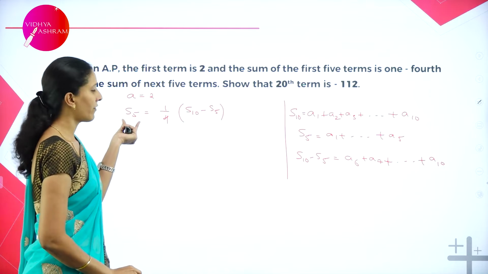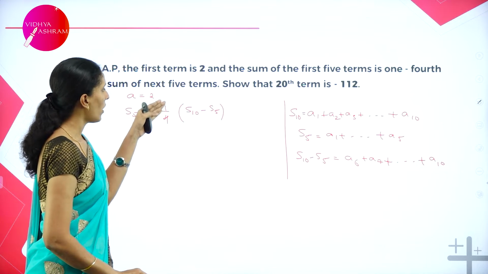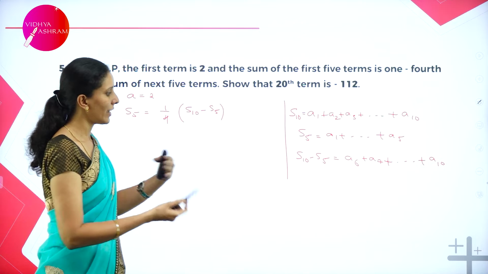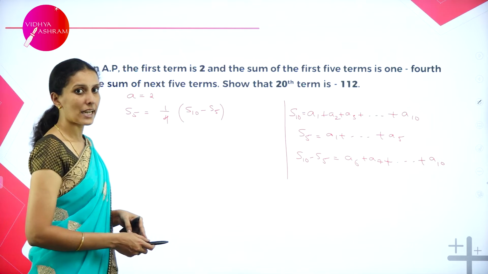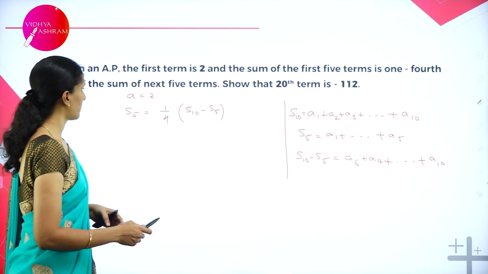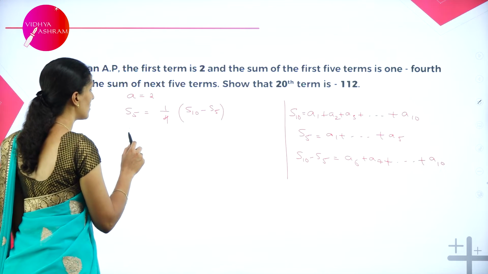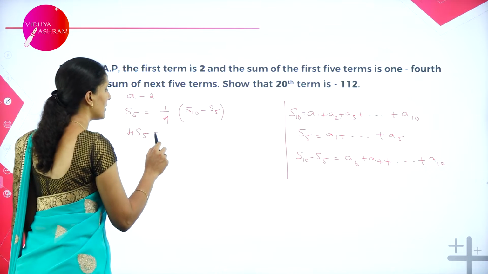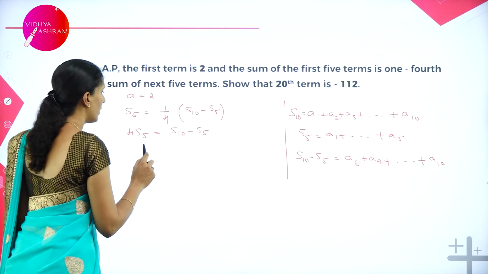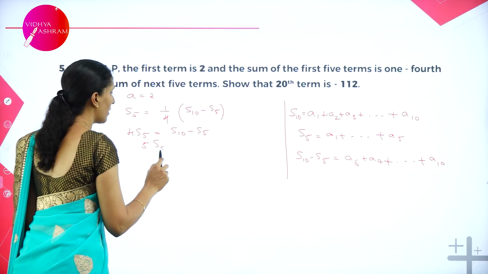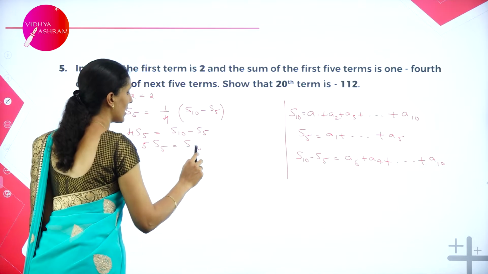The sum of first 5 terms is equal to 1/4 of the next 5 terms. Next 5 terms is A6 to A10, which can be written as S10 minus S5. So this can be written as 4S5 is equal to S10 minus S5, or 5S5 is equal to S10.